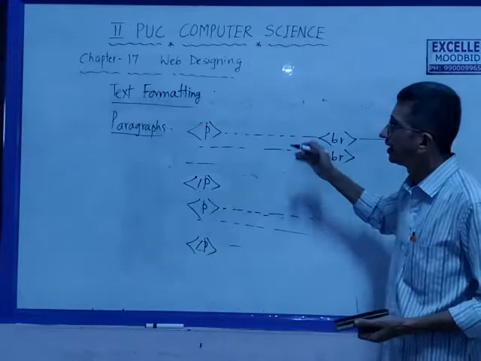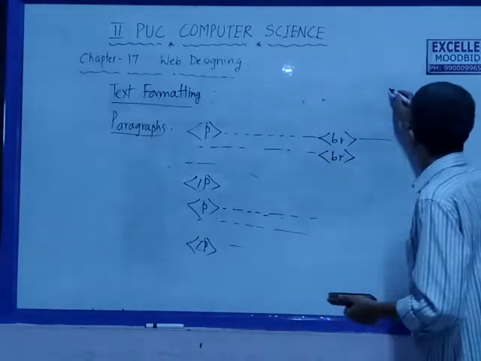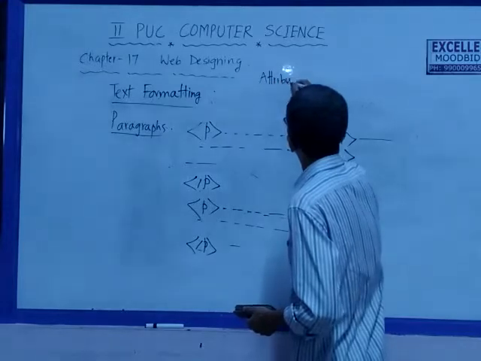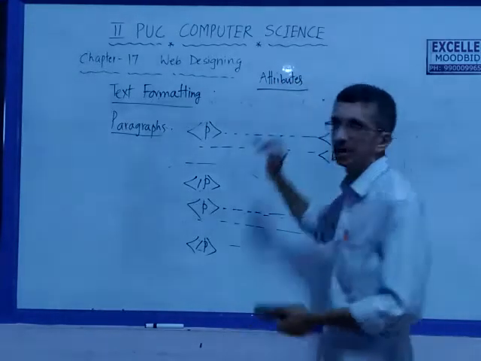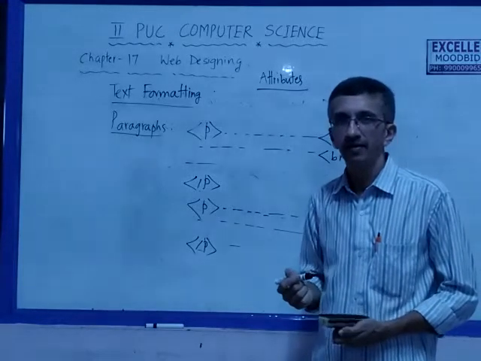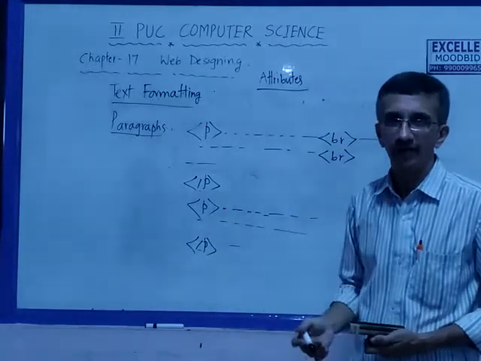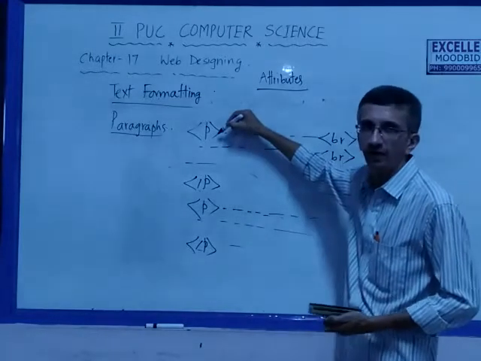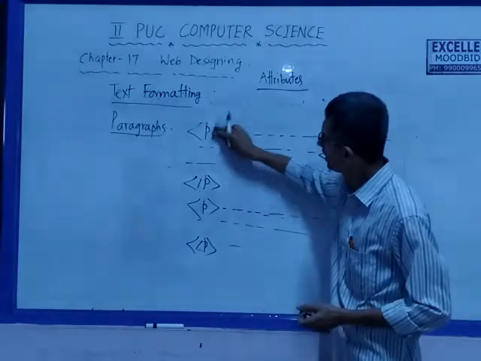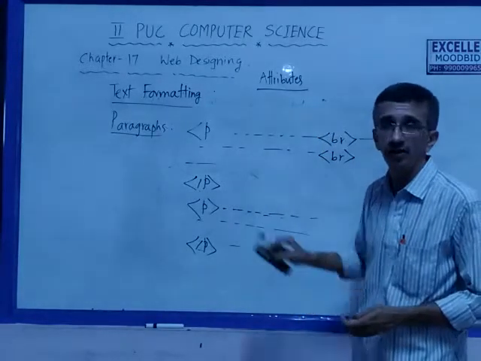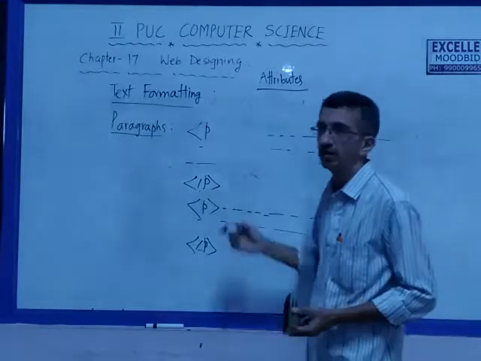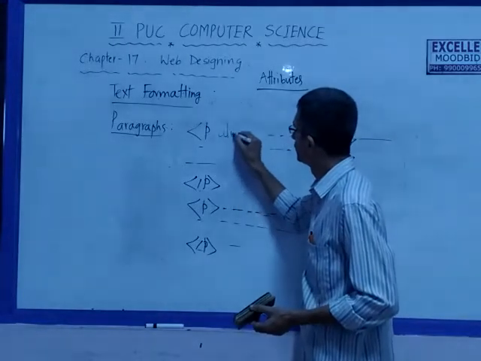Now, other than simple tags, there are attributes. The tags have attributes. What is an attribute? An attribute for a tag will enhance the property of a tag. For example, the paragraph tag has this structure simply, but it has an attribute. The attribute is written within the first pair of brackets, the opening tag, like align.